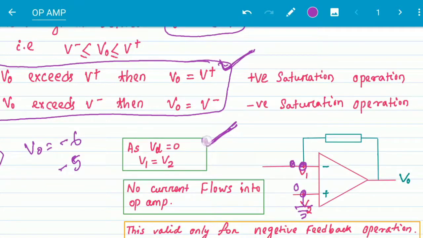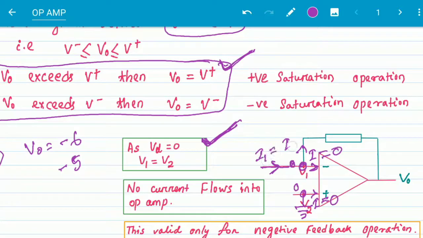This is the second thing. And the third thing is that no current flows into the op-amp. As the input resistance of the op-amp is high, that is infinite, no current flows into the op-amp. Here also it is 0, here I is also 0. So when we solve the problems, the current flowing this way will be equal to the current flowing this way.